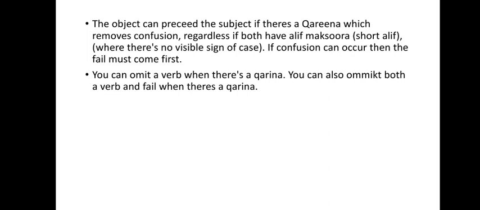Similarly, you can also remove the fi'al and the fa'il, the verb and the doer, subject, both of them. For example, if someone asked me a yes or no question, and I just said yes, like na'am, which means yes, then in those scenarios, I didn't even mention the subject or the verb. So if someone said to me, did Zaid stand? Aqama Zaidun. I don't have to say Naam, qama Zaidun.